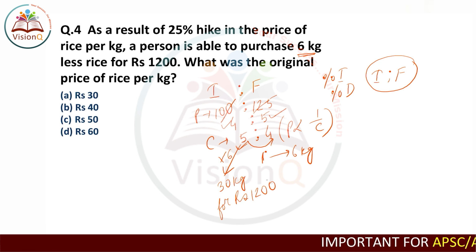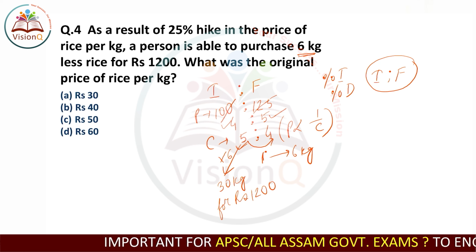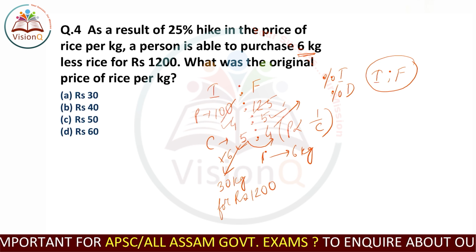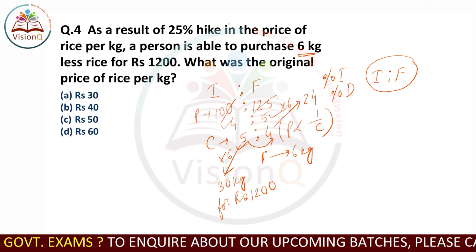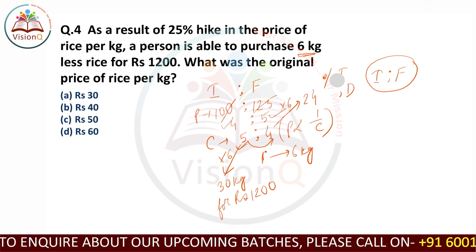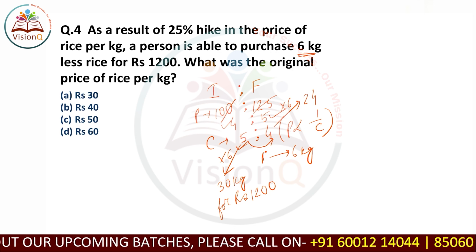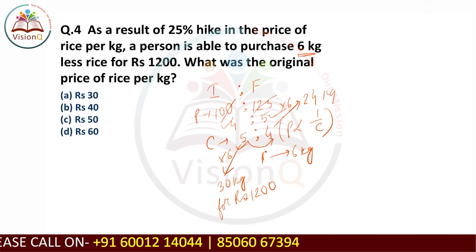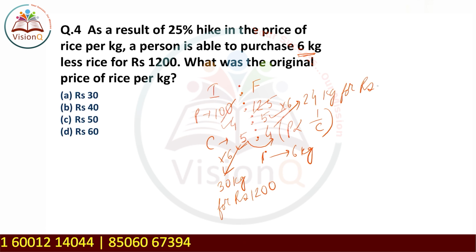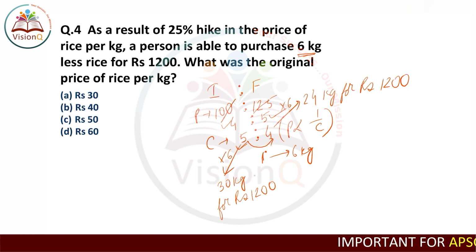So initially he was able to buy 30 kg of rice for rupees 1200, and now 24 kg. So he is able to buy 6 kg less, isn't it?